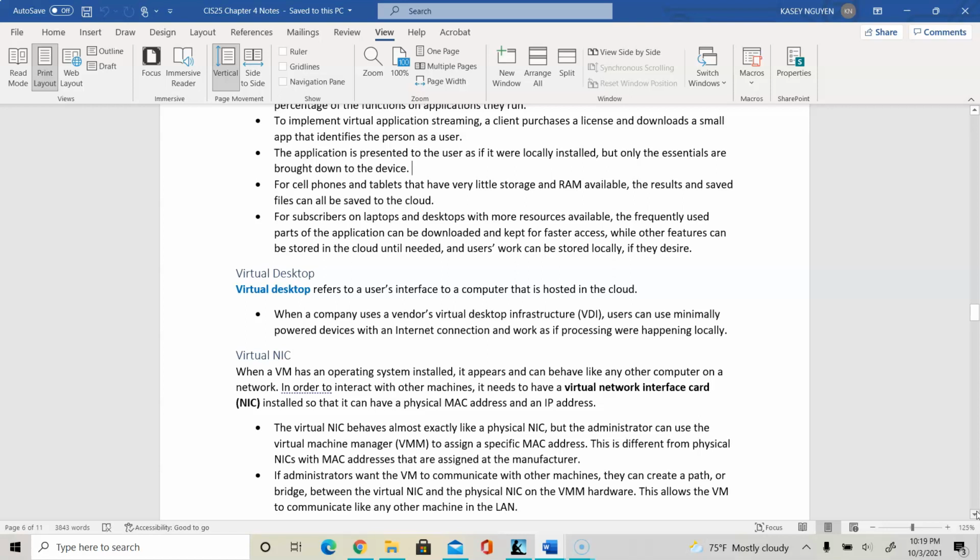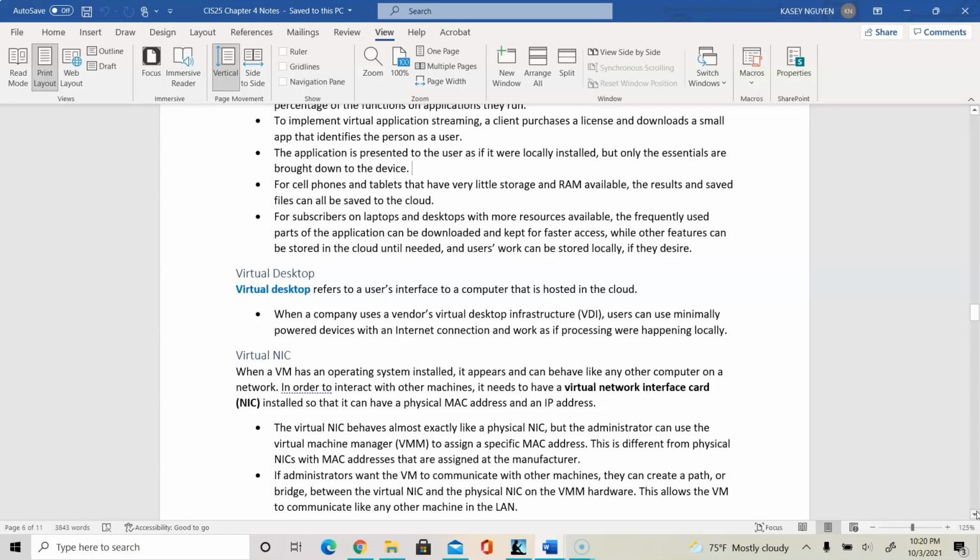Now we also can use a virtual type of hardware simulated environment where we would incorporate the network interface card as a virtual type, a logical one through the software, where it would use different addresses like MAC and IP, but then it would be exactly like the network interface card.